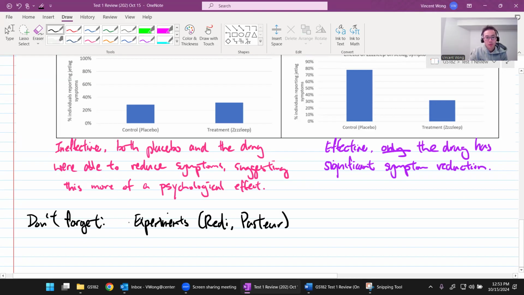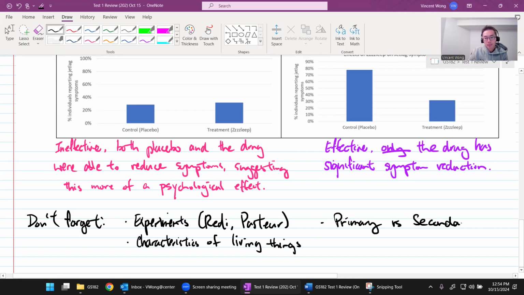I don't have time to review those with you, but you should on your own. Characteristics of living things. And then primary and secondary sources.